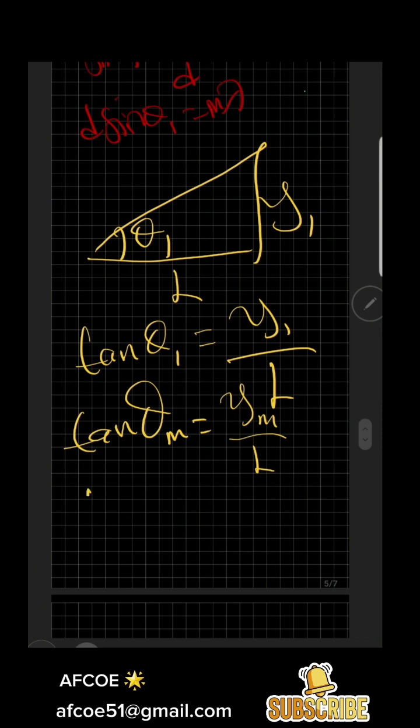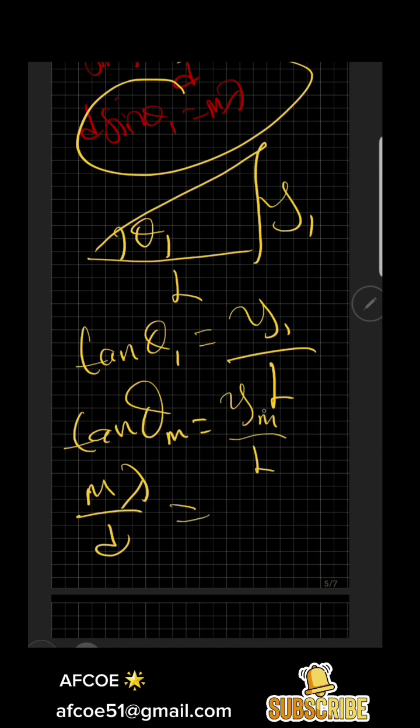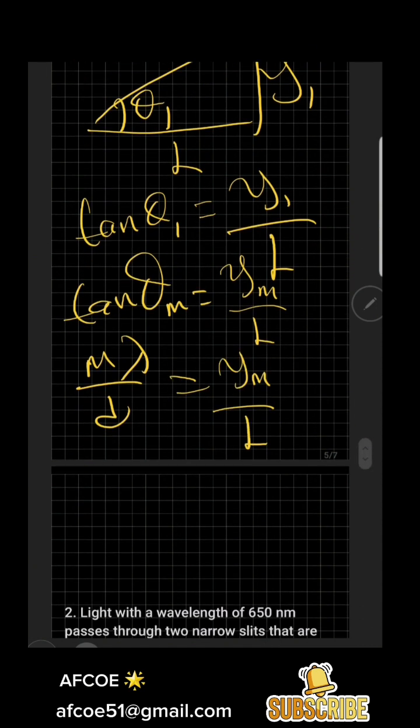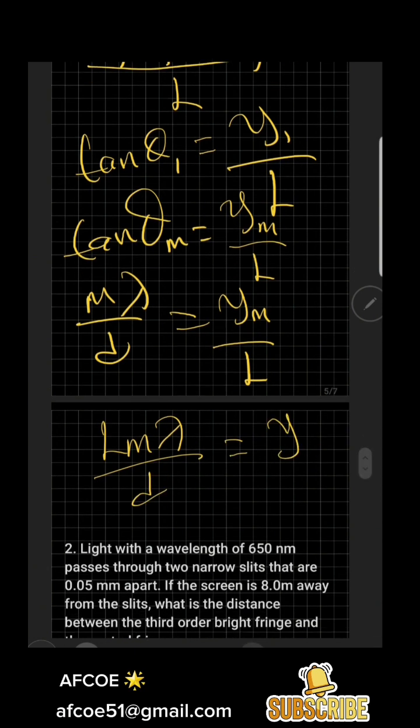So by making sin theta the subject, m lambda over d will be equal to tan theta, which is ym over L. And from there we have a nice expression: L m lambda is equal to d ym.